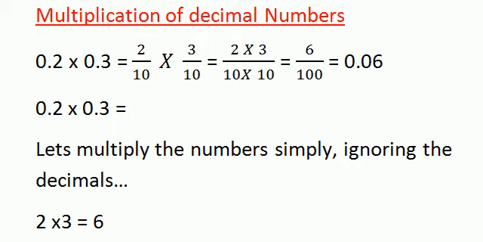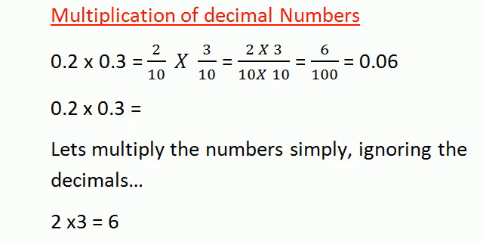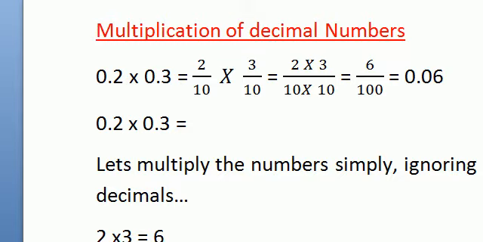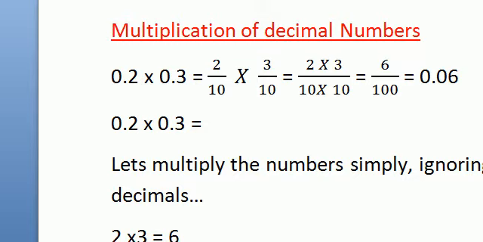Hi, so today we'll be seeing something about multiplication of decimal numbers. Okay, so here I've taken an example, 0.2 multiplied with 0.3. Before going to multiply the decimals, we will take the help of fractional equivalents.